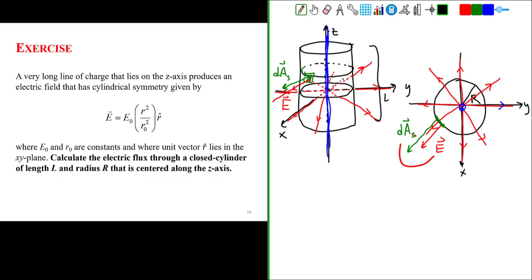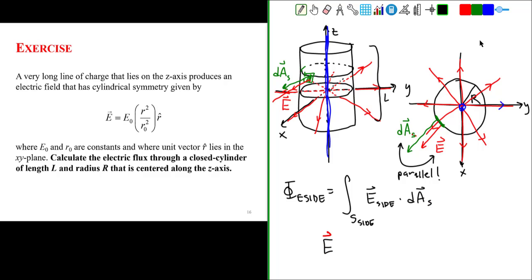Notice that the electric field is parallel to the area vector. That's going to help us out a lot in our calculation. So let's write down the electric flux through the side, which is equal to the surface integral of the electric field through the side. Well, let's look at the electric field vector.